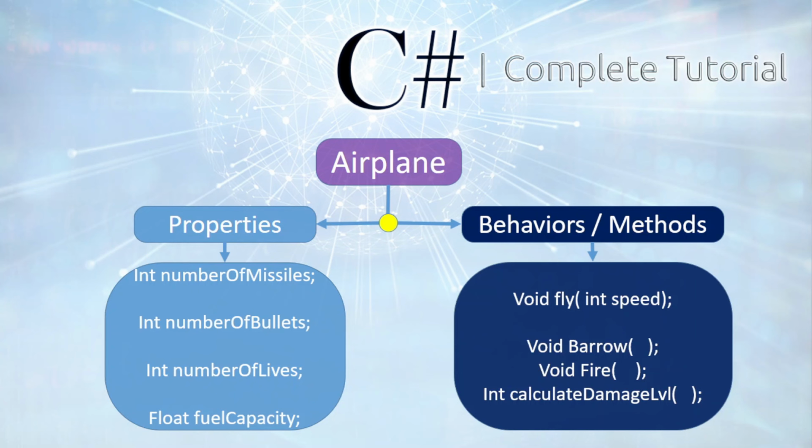So if all airplanes have an engine or multiple engines with a type and power, all airplanes would have a fuel tank, but the capacity for that tank would differ from one airplane to another. The number of bullets would differ, even the number of rockets and the number of lives in a game. Life would be how much damage the airplane could take before being destroyed.